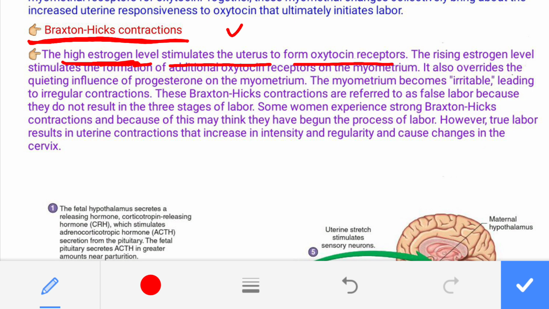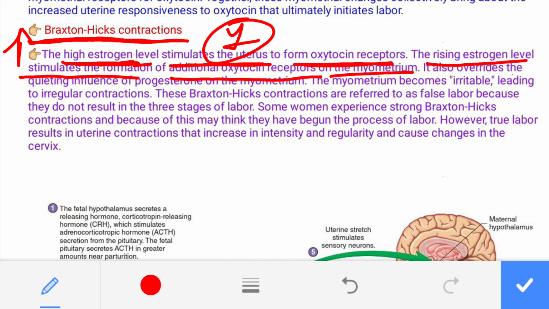So one thing that the high level of estrogen is doing is stimulating the uterus to produce more oxytocin receptors, and this rising estrogen level also stimulates the formation of additional oxytocin receptors on the myometrium.